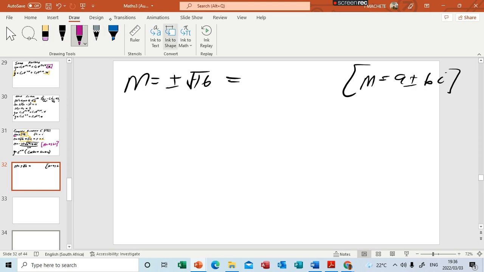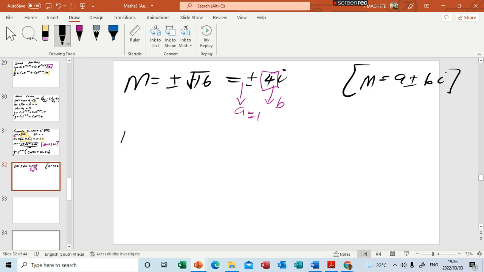After solving this, I'll get 4i. So the one that has got i is your b, and the one that is before the plus or minus is your a. So in this case, our a is 1 because there's nothing there. If there's nothing, it's 1.